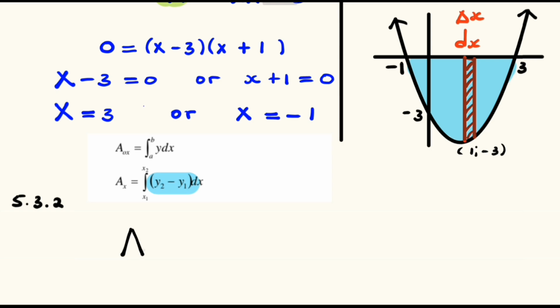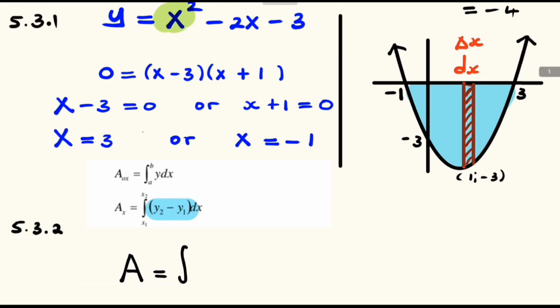So our area is equal to the integral from x1 to x2 of y2 minus y1. Sometimes they say y1 minus y2, but I will show you guys the trick. And we have the dx.